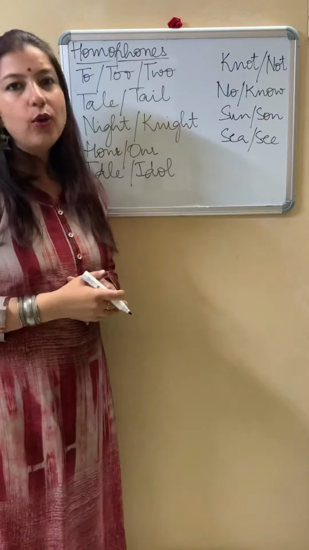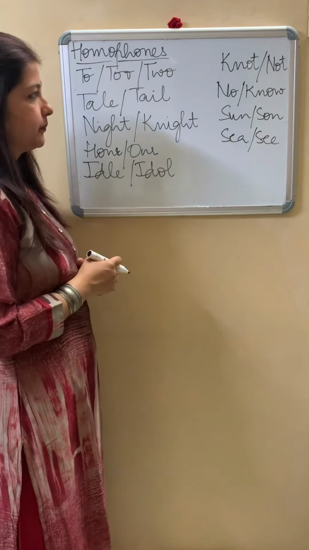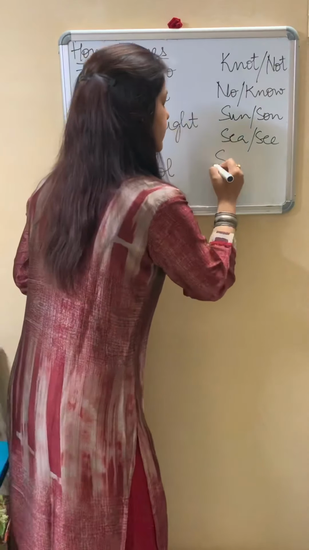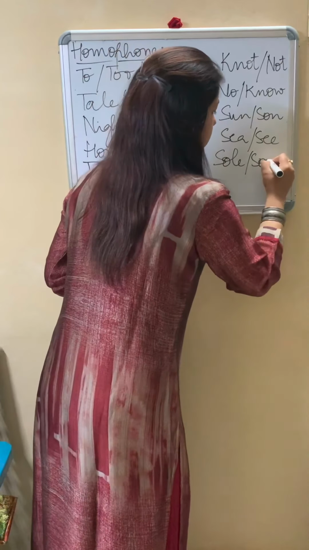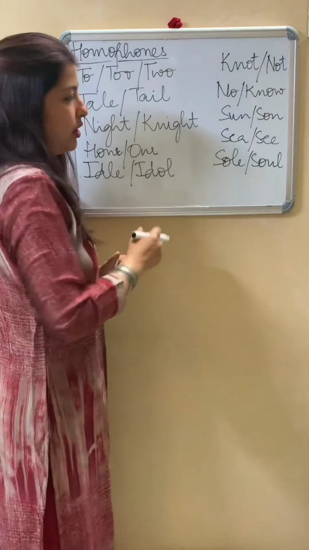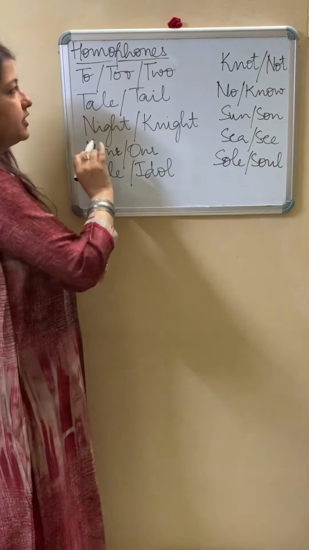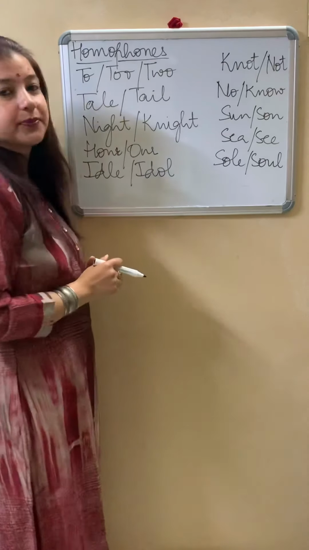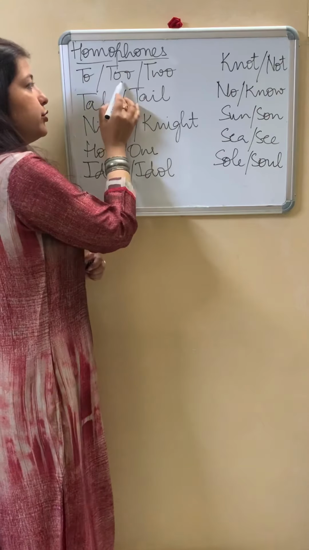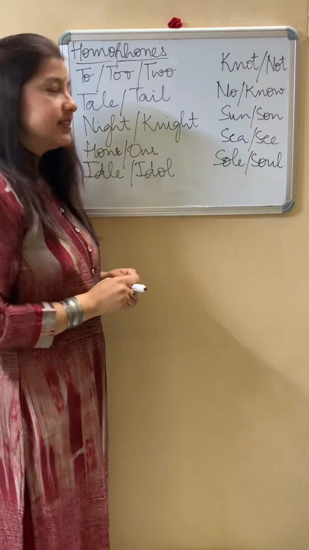So let us now frame sentences using these words. I just remembered two more words, soul and sole. They are also pronounced in a similar manner. Okay, so first of all, let us take these three words. She is too short to reach these two shelves, right?